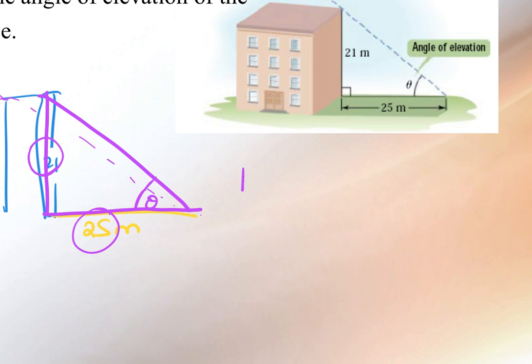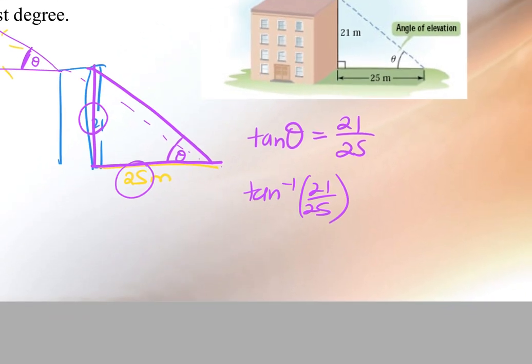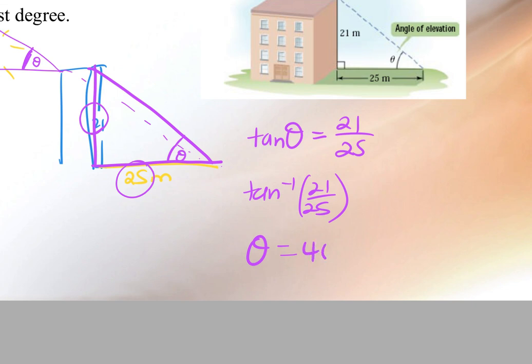So we've got tangent again, but this time it's tangent of an unknown angle equals 21 over 25. When we are looking for the angle, we hit the negative ones. I do tan negative 1 of 21 divided by 25, and I get theta is 40.03 degrees, or 40 degrees.